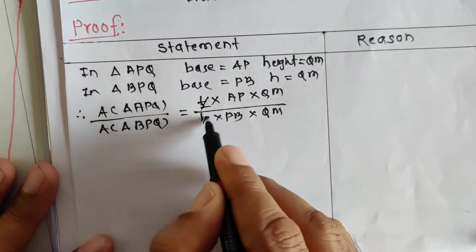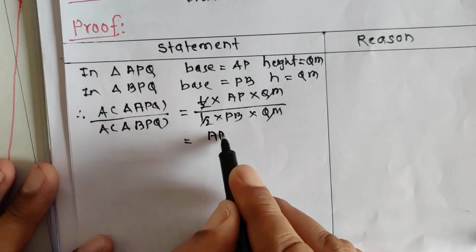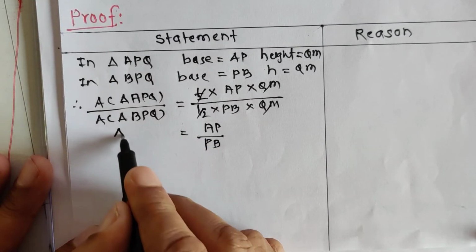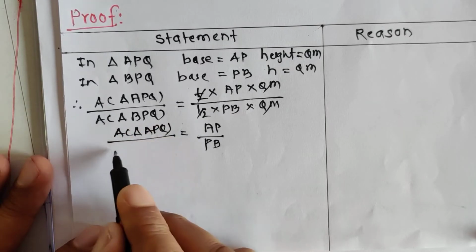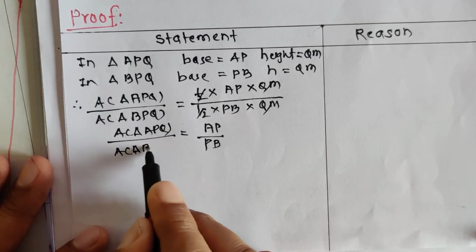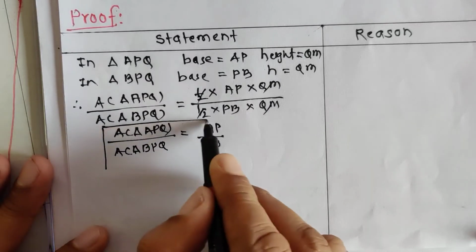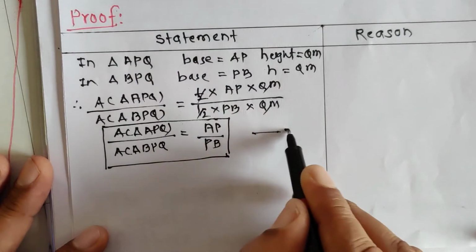Here half QM gets cancelled, we get AP upon PB. So area of triangle APQ divided by area of triangle BPQ is equal to AP upon PB. This is our statement number 1.